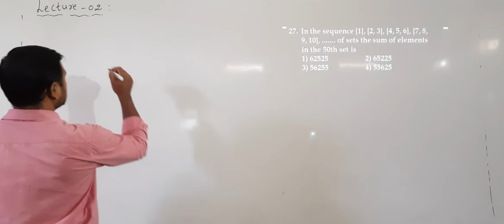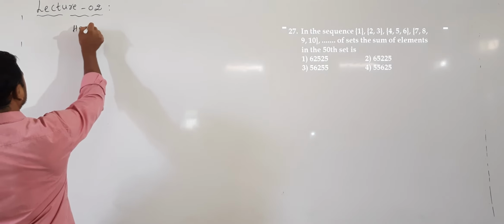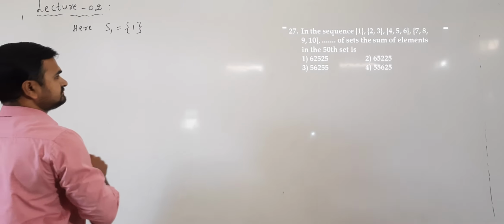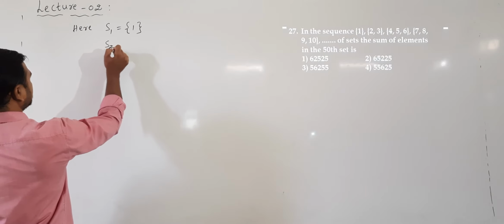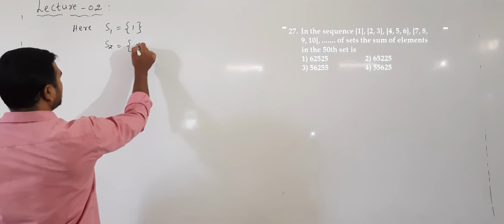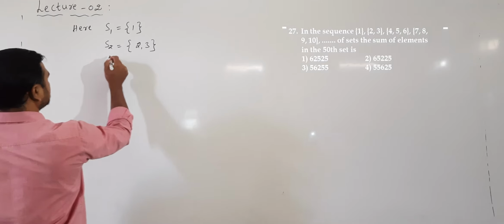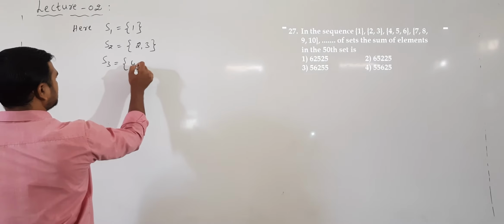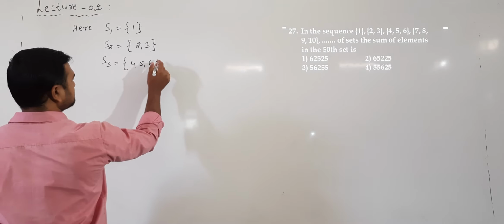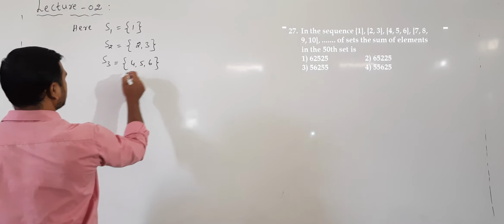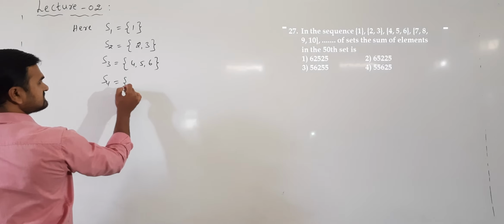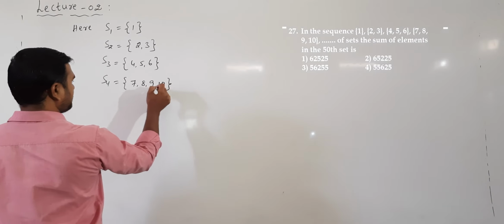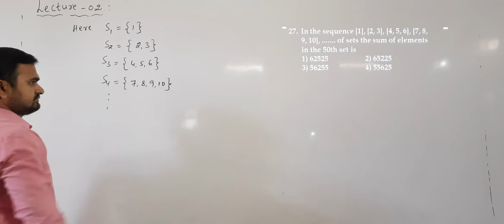Let's take S1 as the first set, which has the element 1. The second set S2 has the elements 2, 3. S3 has the elements 4, 5, 6. S4 is 7, 8, 9, 10, and so on.